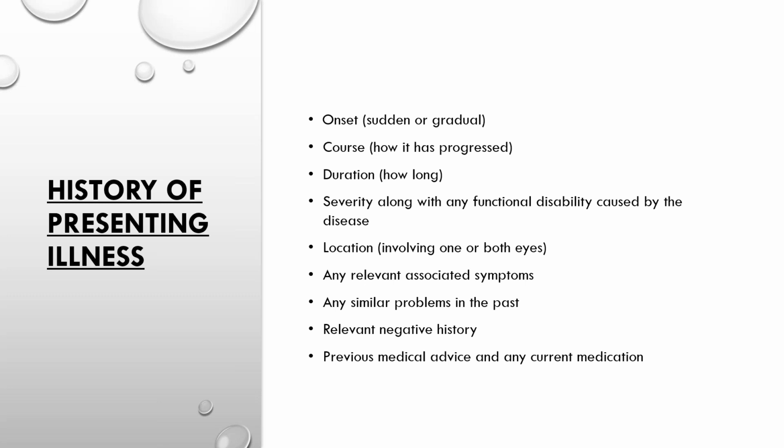Or for example, if the patient has a cataract, now they're going to have diminished vision. So is it so diminished that you're not able to perform your routine or daily activities, and is it hindering you in your work or job? Then the next question is, you ask about the location of the complaint, right? So whether only one eye is involved or both the eyes are involved.